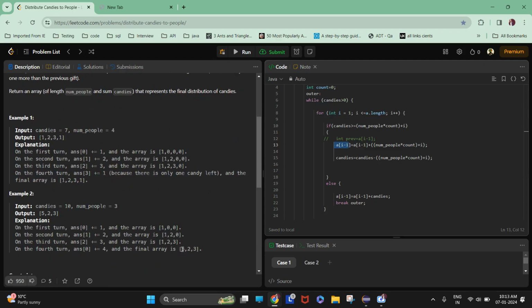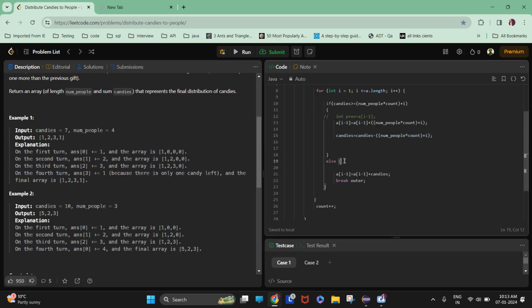Here a[i minus 1] will be 1, and we append the new count and reduce the count of candies. If candies are no more left, then we add the number of left candies to the previous index and break the outer loop, and we increase the count.